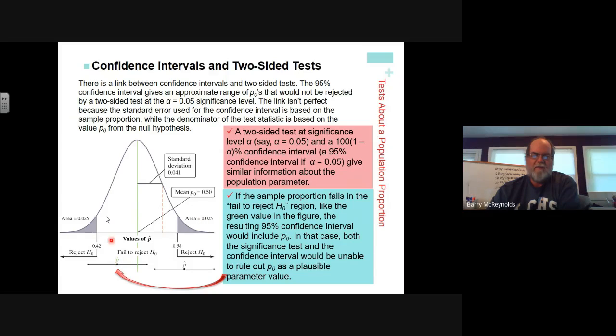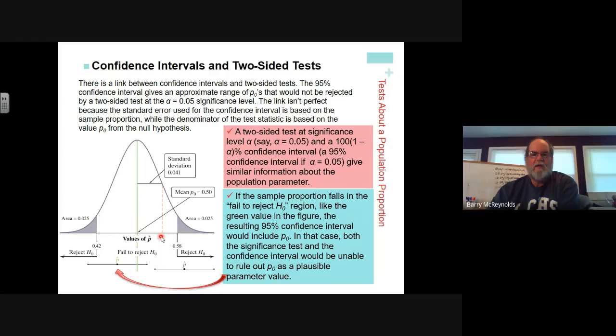It is in general for a 95% confidence interval or a 5% significance level. So at the 5% significance level, the area in each tail is 2.5%. And so the mean has to be 0.5. We do the calculation, the standard deviation is going to be 0.041.